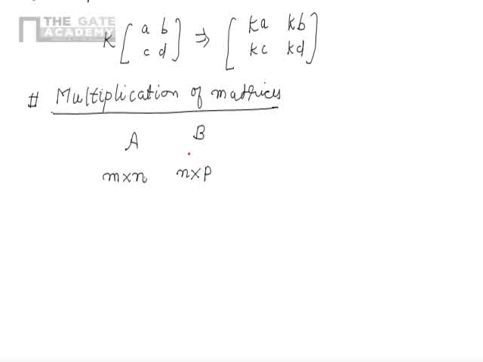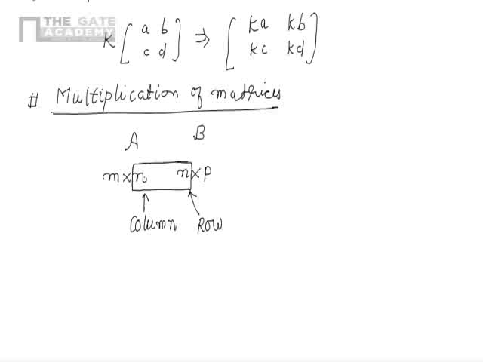If I want to multiply these two matrices, in which case can I multiply? The rule says that when this is the same, it means the number of columns in the first matrix should be equal to the number of rows in the second matrix.